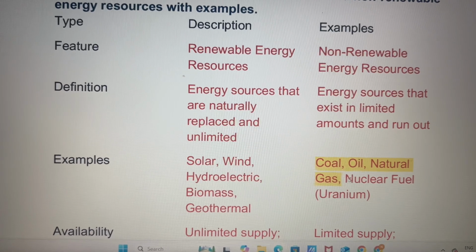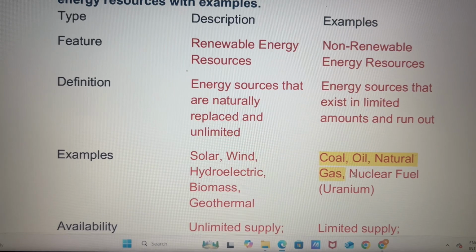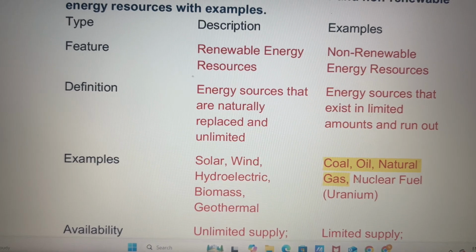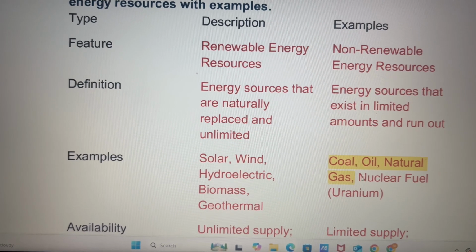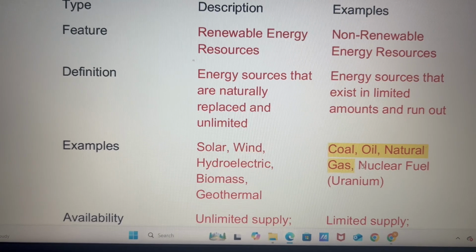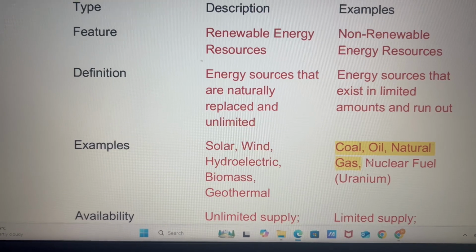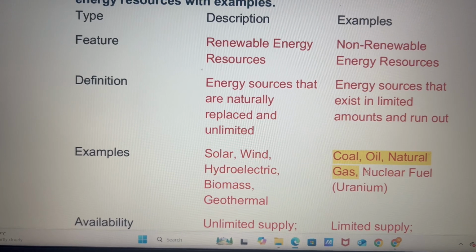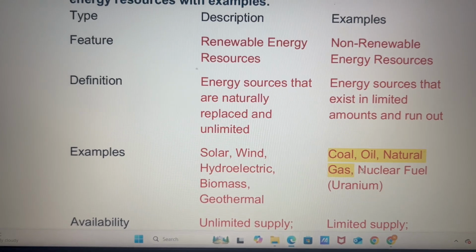Uranium is an element, and you can find it naturally on Earth, but if you keep using it, it's going to run out like any other element on Earth. That's why it is a non-renewable energy resource.